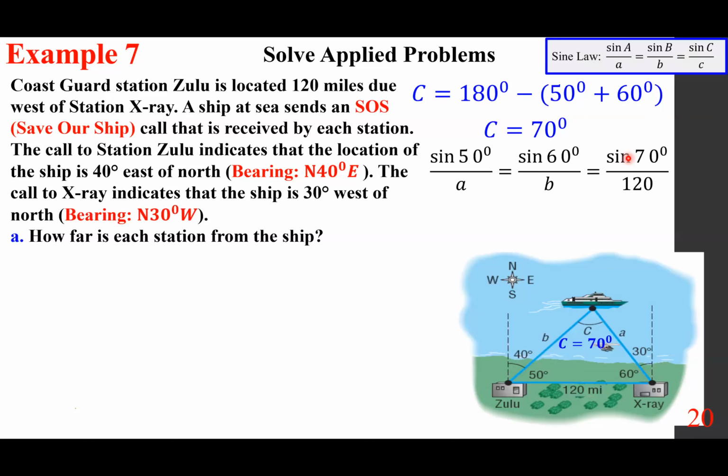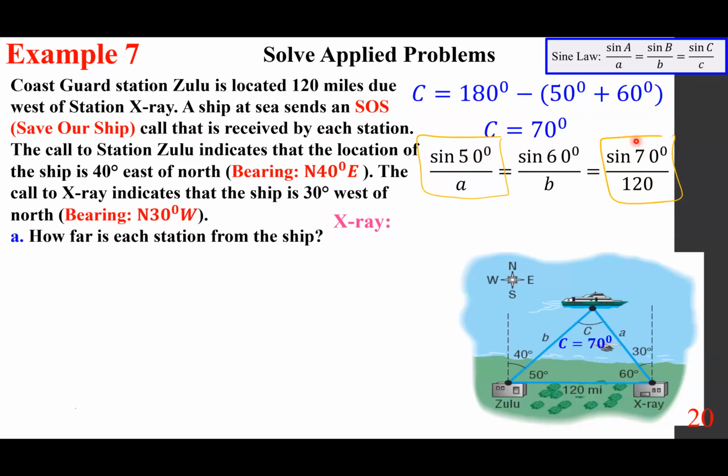We must use this with the first one to find A, with the second one to find B. So if we use these two only, then A is the product of these two, 120 times sine 50, divided by sine 70. The cross product for this one and this one will result in A being 120 times sine 50 over sine 70.